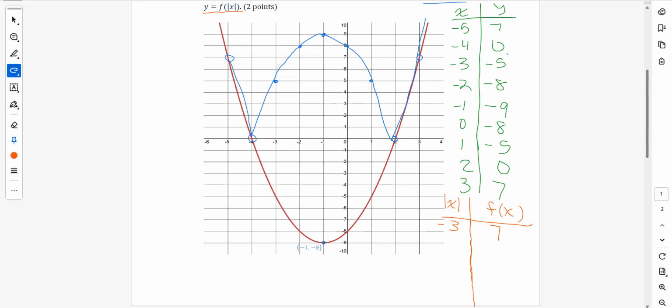So -3 would be up here at 7. What if I then did -2? Would it be 0? It's 0. So if we did absolute value of -2, that gives me +2. So that value is going to be at 0.